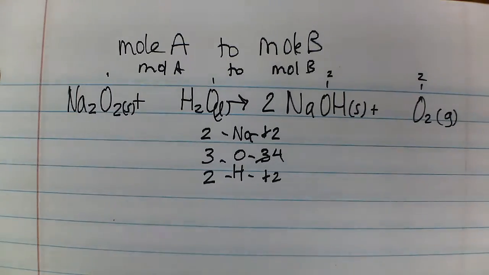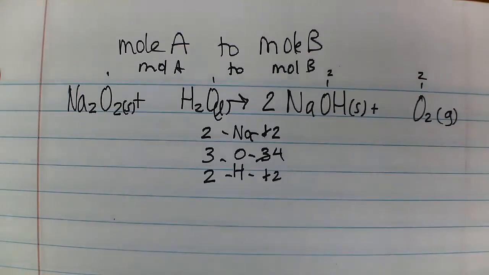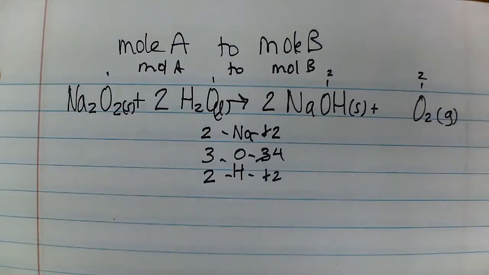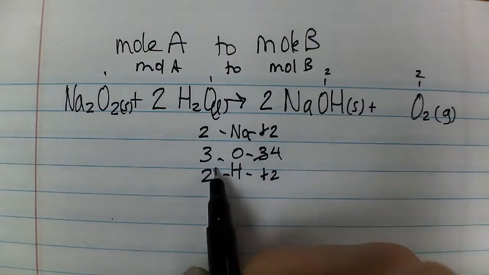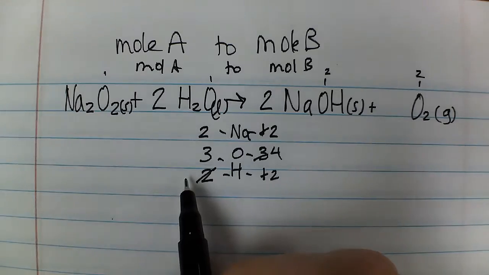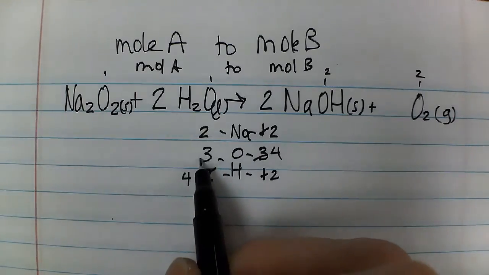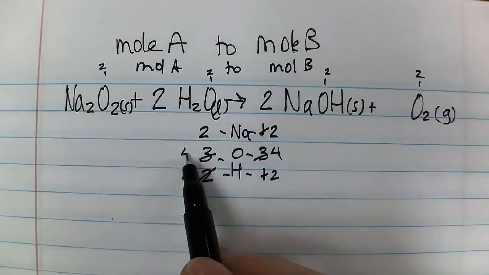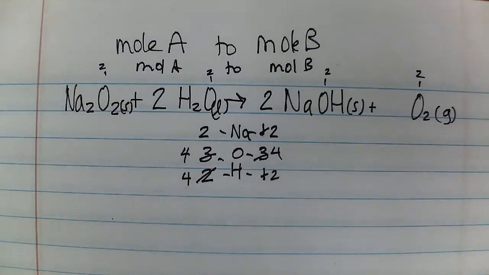Now that gives me 4. Then the next thing I'm going to do is put a 2 in front of my H2O. So now that gives me 4 hydrogen and 2 plus 2, 4 oxygen.